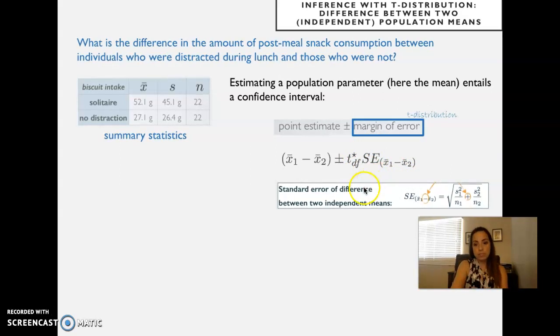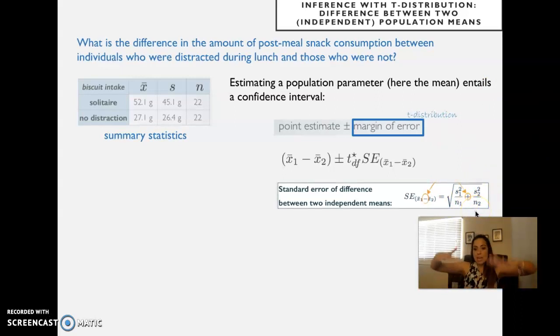The standard error of the difference is basically the weighed sum of the variance in one group. It's the variance in group 1 divided by the n, the sample size in group 1, plus the variance in group 2 divided by the sample size in group 2.